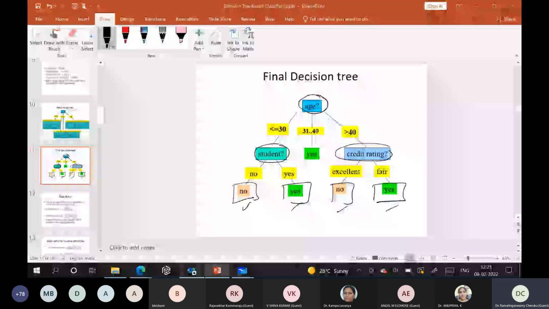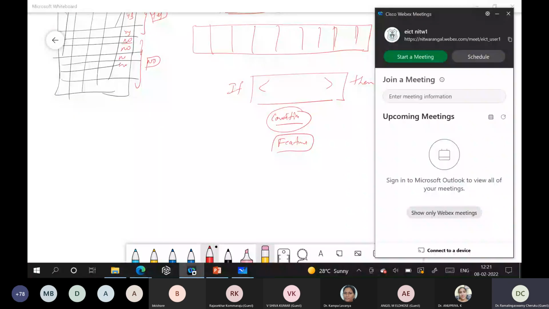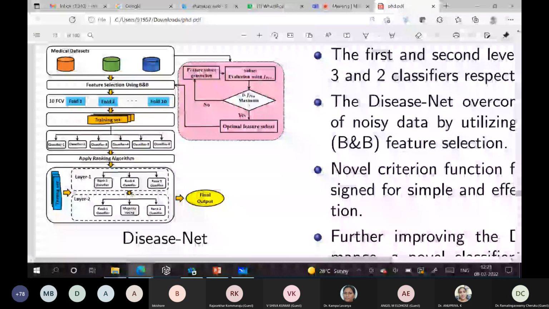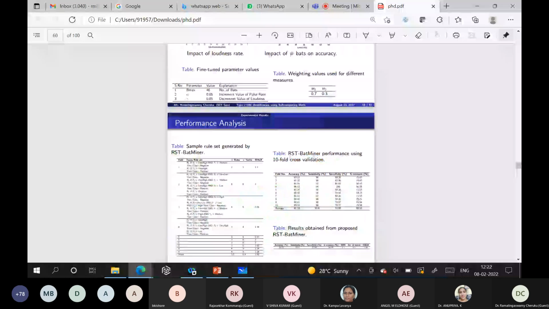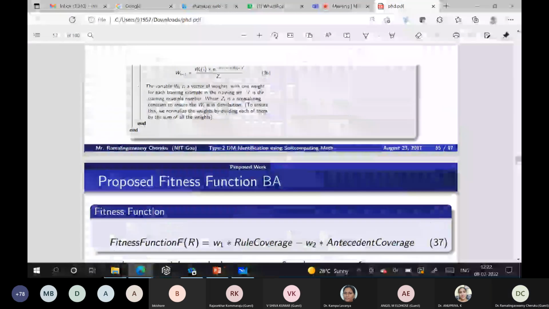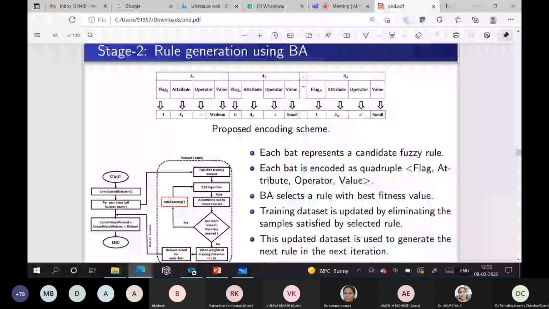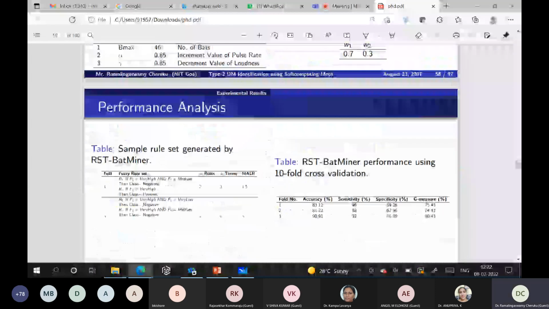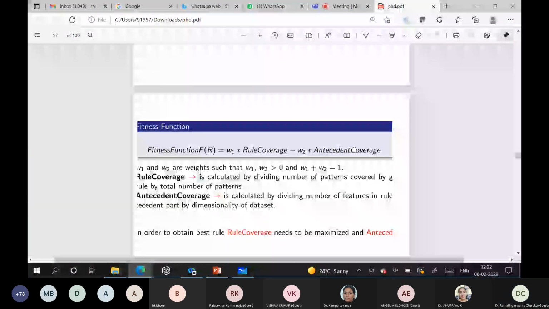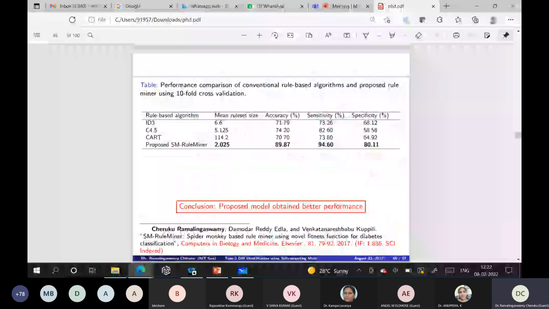Let me show one sample rule so that you will come to know how a rule looks like.